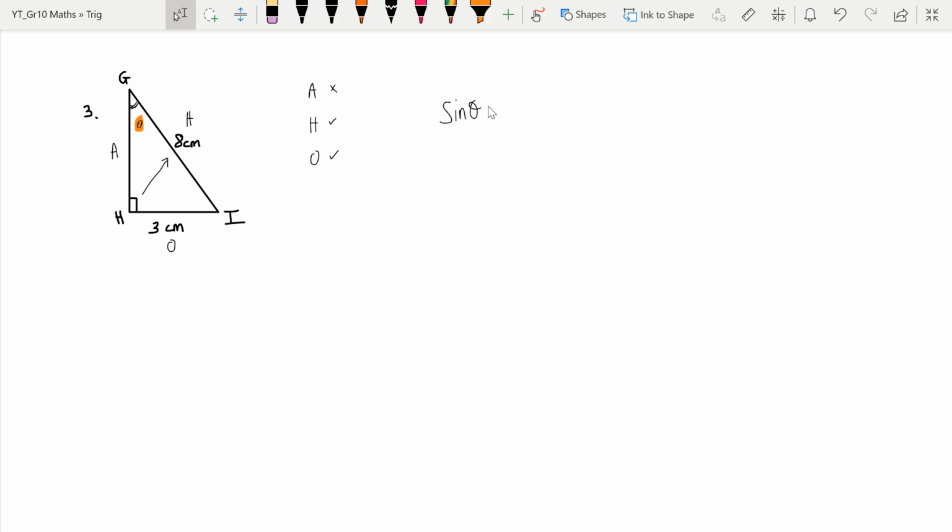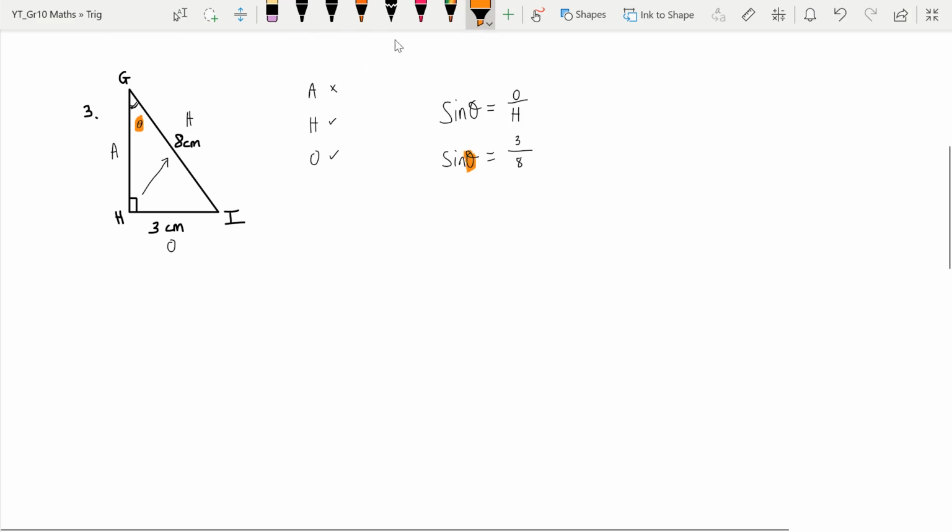Sine theta is equal to opposite over hypotenuse. Make sure that you go learn these. Then let's substitute. Opposite is equal to 3. Hypotenuse is equal to 8, which is always the longest side. Now we just need to tell the calculator we are not giving you an angle. If we did, we would just put in sine and then whatever the angle is.